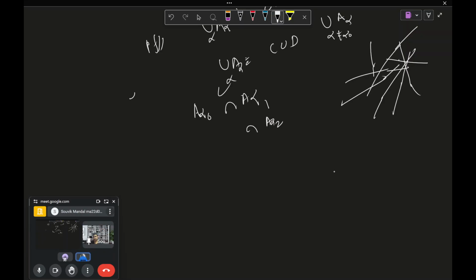So from the question itself, you take that over all the alphas, one at a time. The A alpha naught on the left, you just go over. So there can't be any two disjoint sets.